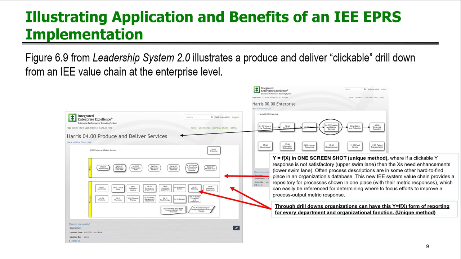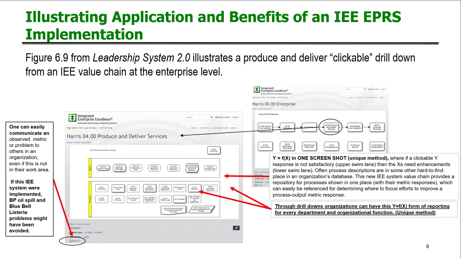Through drill downs, organizations can have this Y equal a function of X form of reporting for every department and organizational function. One can easily communicate an observed metric or problem to others in an organization, even if this is not their work area.